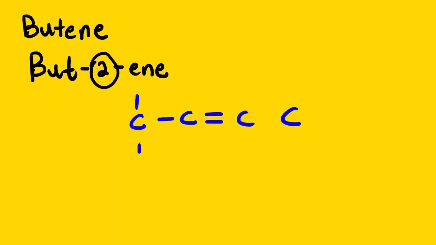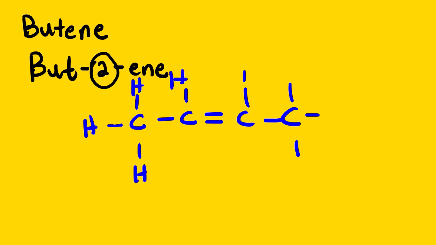And also, it is very important to know where we start counting our carbons, but we'll deal with that once we get to the IUPAC name. So but-1-ene, if we were to have but-1-ene, the pi bond would be here or here.